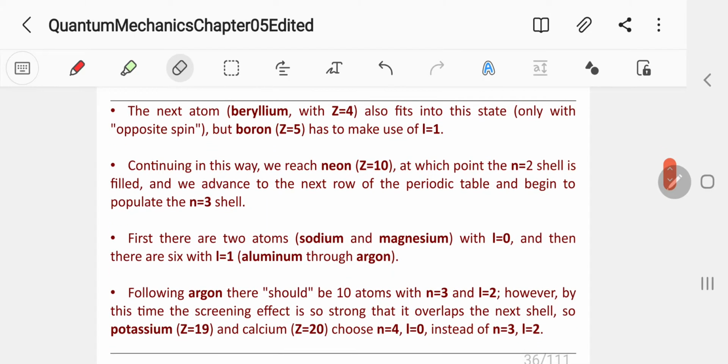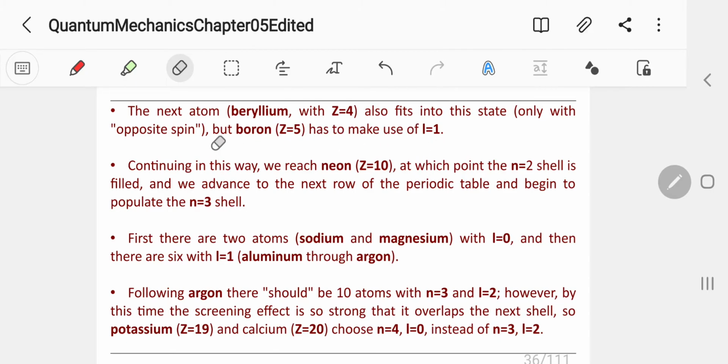The next atom is beryllium with Z equals 4, which also fits into this state, so the fourth electron is also in l equals 0.